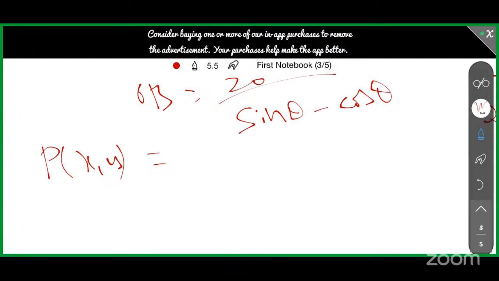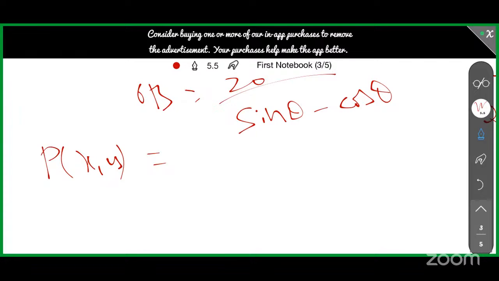Very easy, just what we did earlier. How do you represent point P in polar coordinates? R cos theta comma R sin theta. What is that R? Specify that R, because we are getting three R's here.